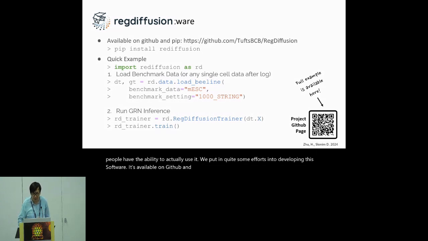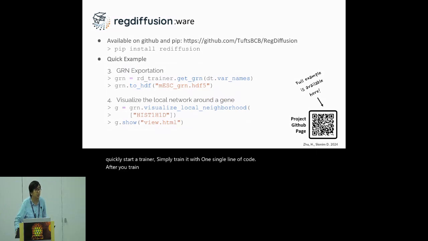Here's a quick example of how to use it. You can quickly start a trainer and train it with one single line of code. After you train it, you can export the GRN as an object, save it as an HDF5, and you can also visualize the local neighborhood, generating the figures you just saw, using one single line of function.